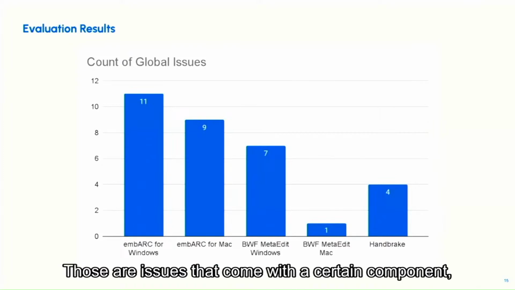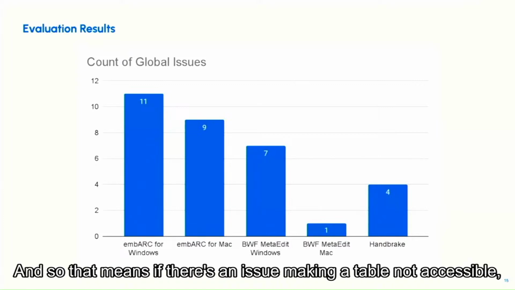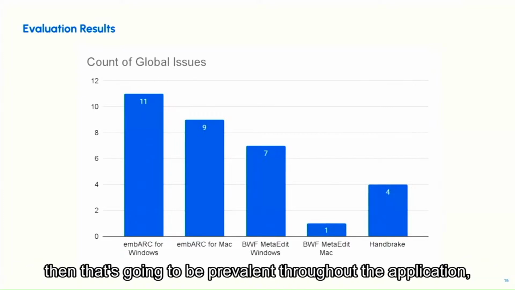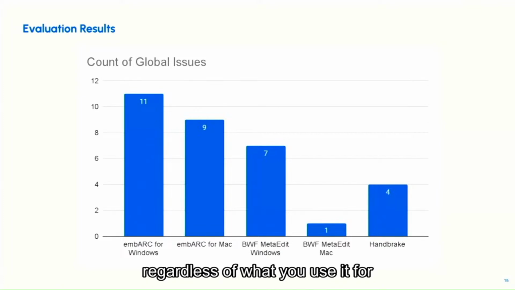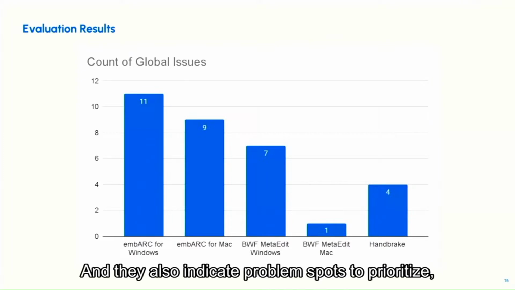Those are issues that come with a certain component, such as a data table or a pop-up dialog window. And so that means if there's an issue making a table not accessible, then that's going to be prevalent throughout the application, regardless of what you use it for or the paths you take in the application. And they also indicate problem spots to prioritize.